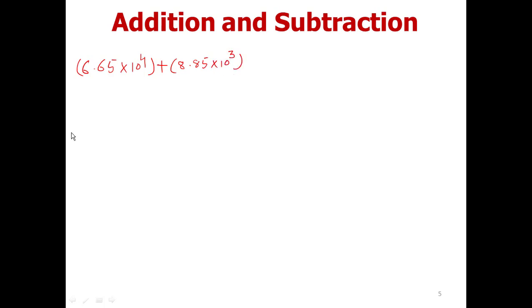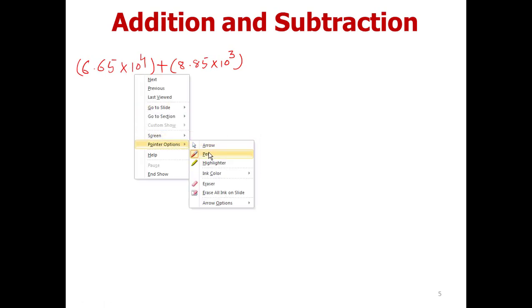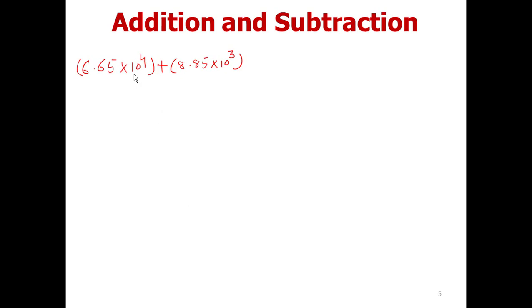Now when we have to add exponential numbers, you have to remember that we can only add these numbers if the value of the exponent is the same. Here the exponent is 4, here the exponent is 3. The first task is to make the exponents the same. So either we can make it 3 or we can make it 4.